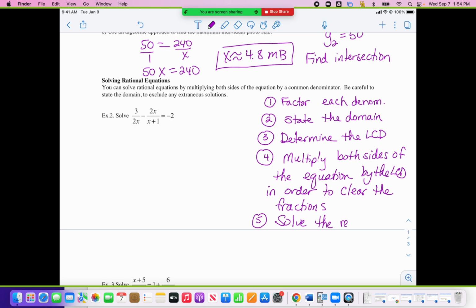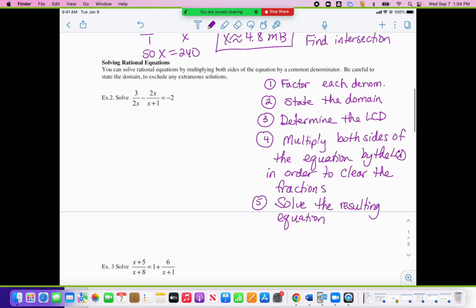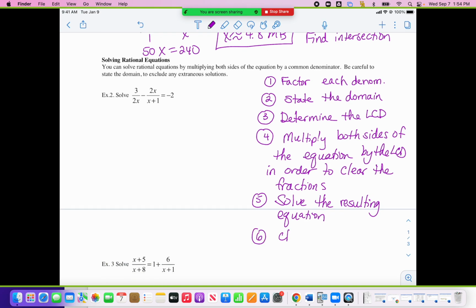Solve the resulting equation. Check the domain at the end.